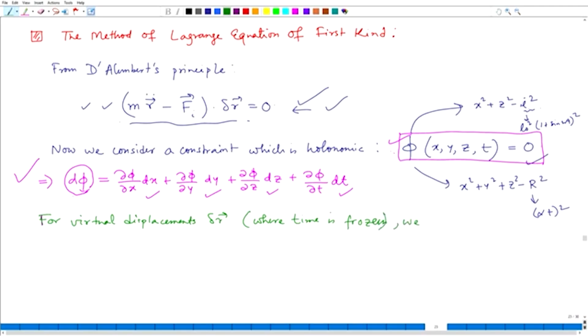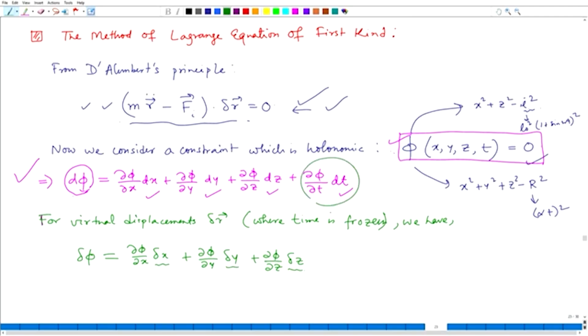then I will not use d phi, I will use delta phi, and that will be equal to del phi del x delta x plus del phi del y delta y plus del phi del z delta z. You see all these 3 things are virtual.